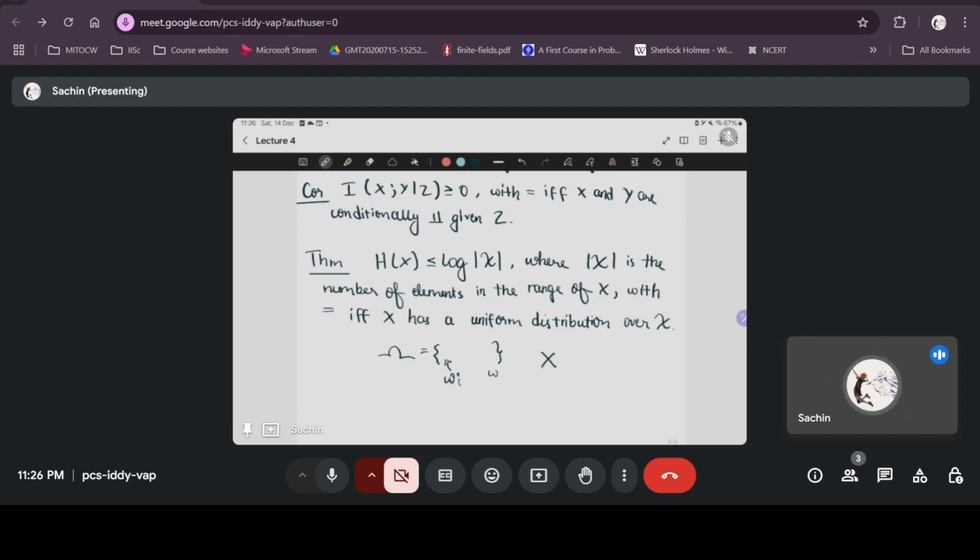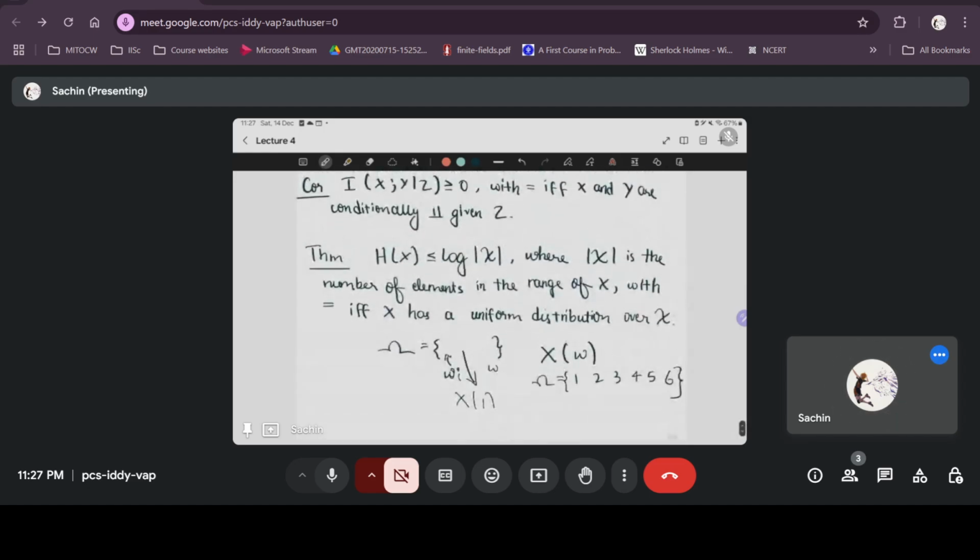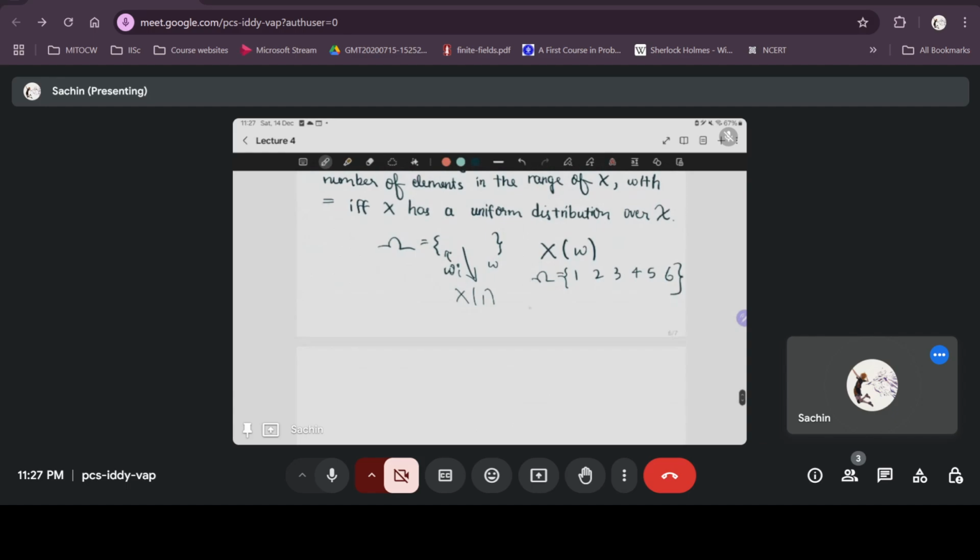Then this random variable X is a function of omega. So for each outcome, it gives you another value. If you roll a die, the set of all outcomes is omega, and an individual outcome is denoted by small omega. They can take six values.